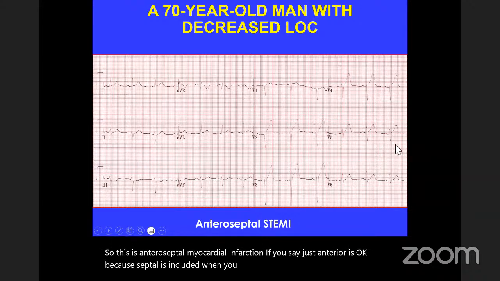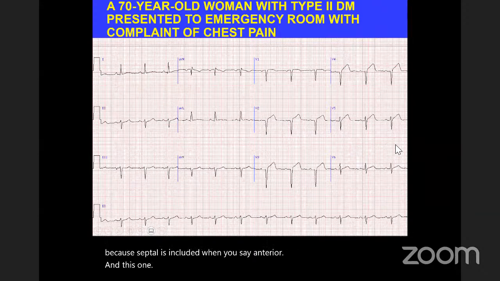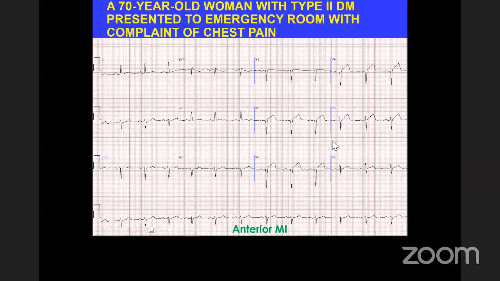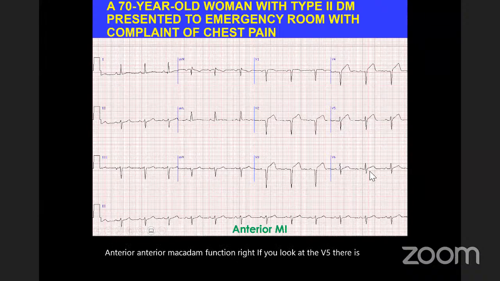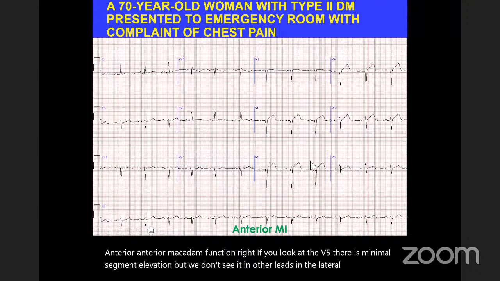And this one: again, same thing, anterior myocardial infarction. In V5 there is minimal ST segment elevation, but we don't see it in the other lateral leads, so still anterior MI.